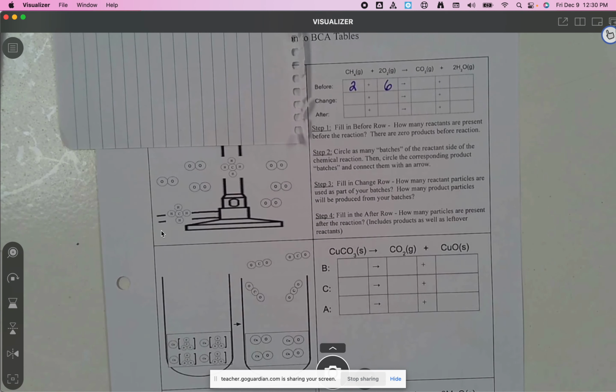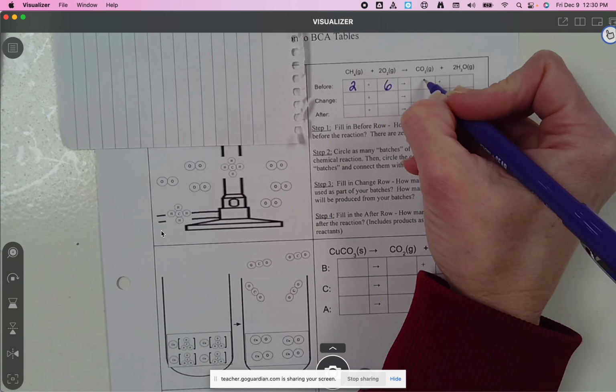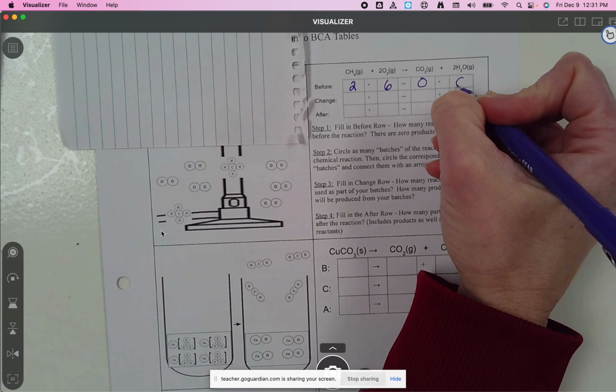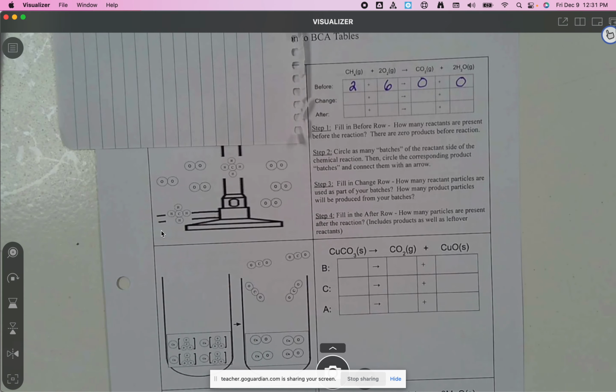If you get confused about what has to go in the before row, think about what a 5-year-old would say if you asked them. Okay? They would just touch every one and count them. That's all that goes in there, is how many do you have before you start. Before the reaction starts, I haven't got any of the products.